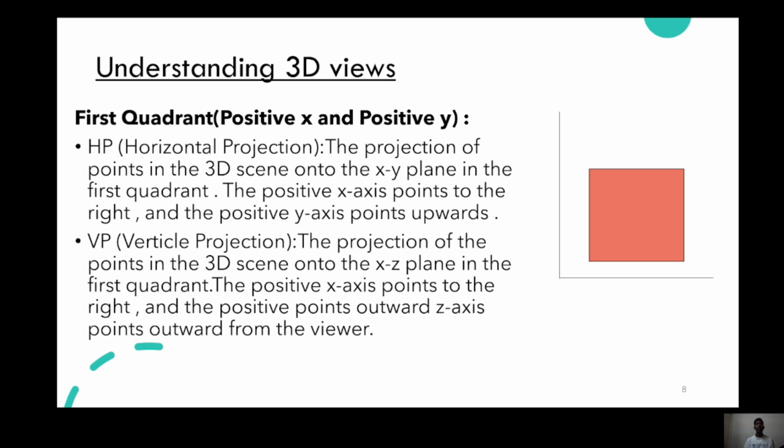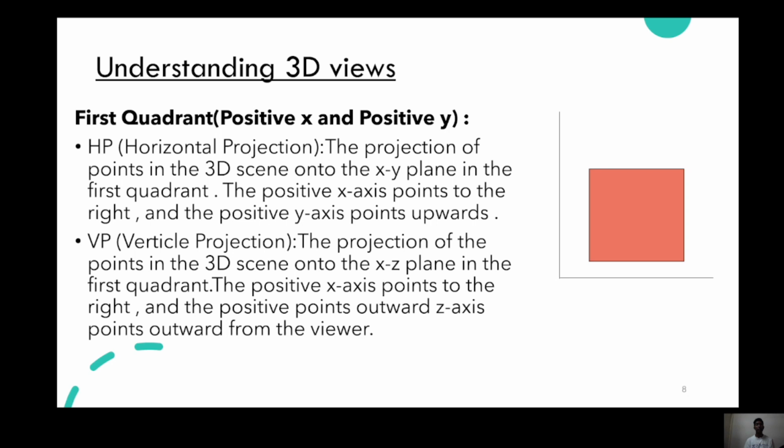So let us understand about 3D views. In 3D views, it is in the first quadrant, positive x-axis and positive y-axis. In the horizontal projection, the projection of points in the 3D scene onto the xy plane in the first quadrant, the positive x-axis points to the right and positive y-axis points upwards.